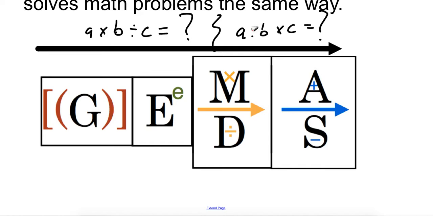The same thing happens with addition and subtraction. For example, if I had A minus B plus C, I would subtract first, then add. This may be a little bit confusing right now, so let's go through some examples to better clear this up.